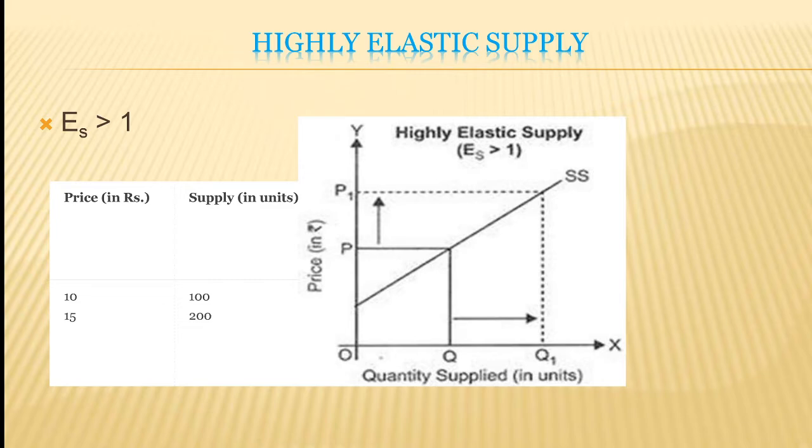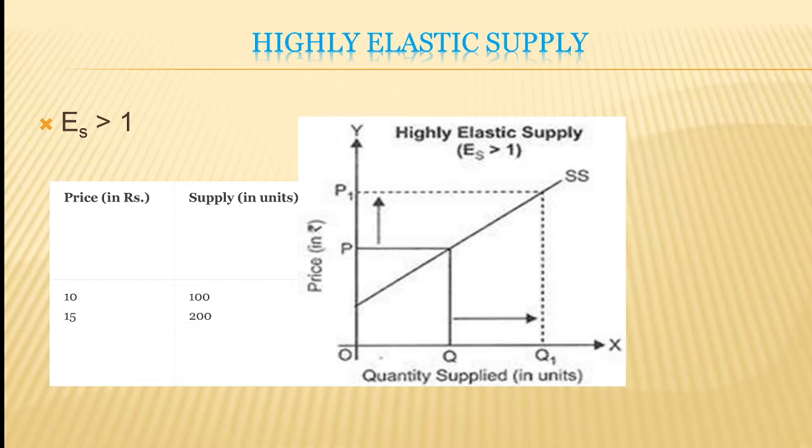So highly elastic supply. To understand it, just study the price. If the price is 10 rupees and supply is 100 units, and if the price is 15 rupees, the price is increasing, but the supply also rises to 200 units.